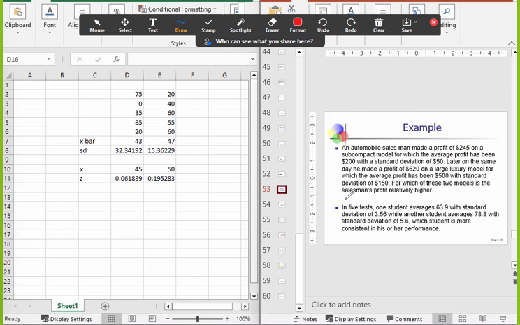Similarly, I will tell you about the last question. In 5 tests, one student averages 63.9 out of 100. His standard deviation is 3.65. Another student averages 78 out of 100 and his standard deviation is 5.6. Which student is more consistent? Since no extra value is given, there is no need to calculate Z-score.